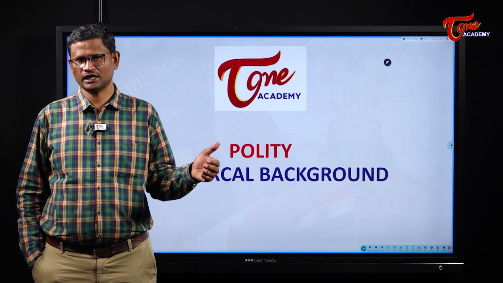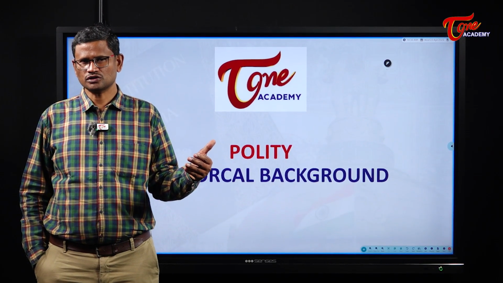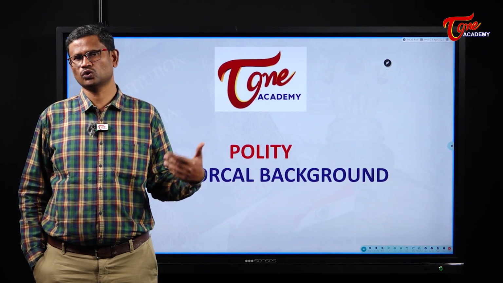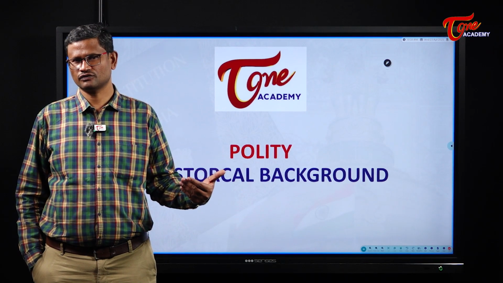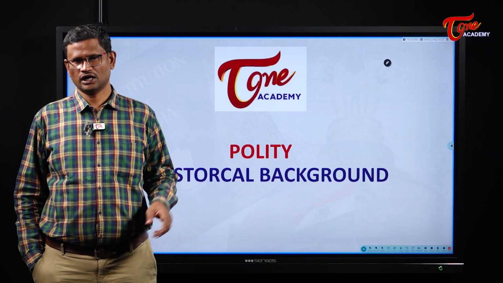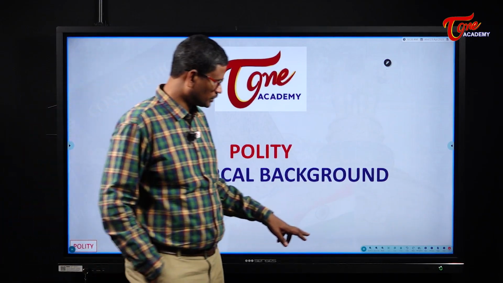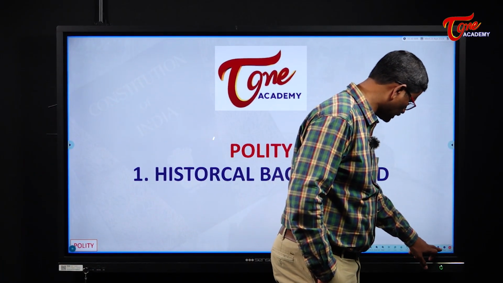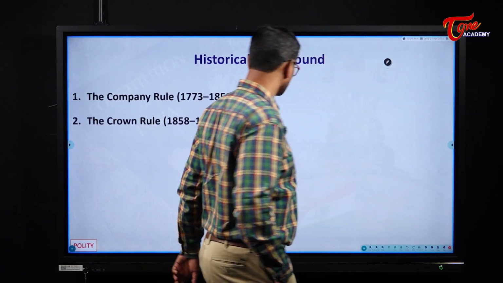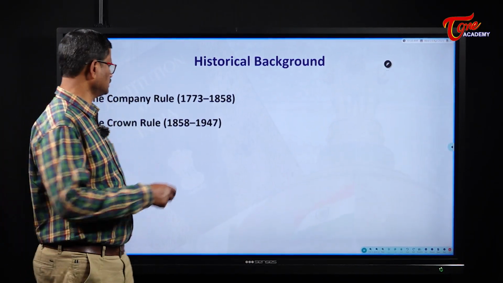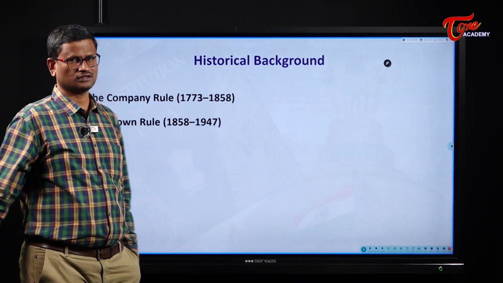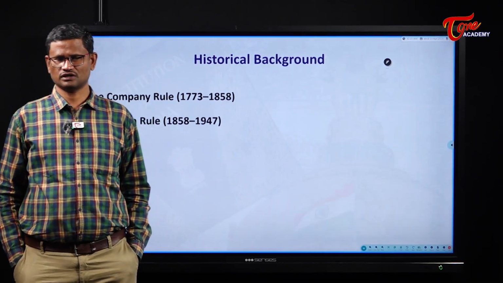This is the period in which the constitution under the British has grown, and this formed the basis for the Constitution of 1950. Constitutional development under British rule can be broadly classified into two phases. From 1773 till 1857, this is phase 1.